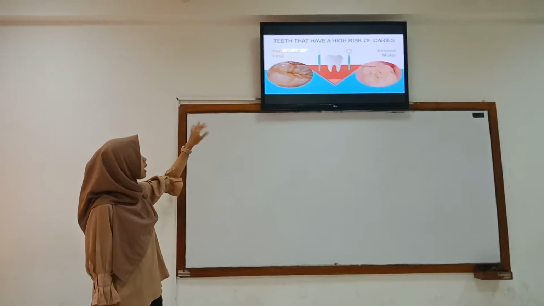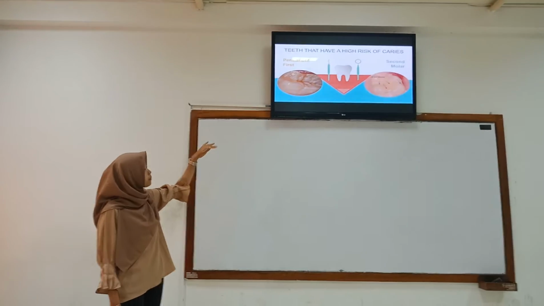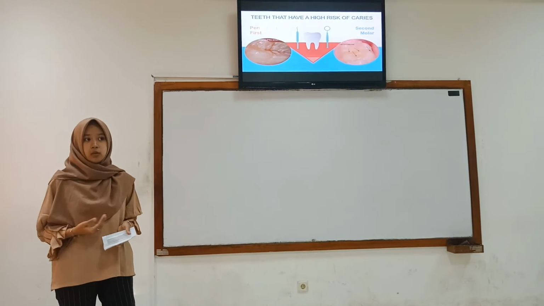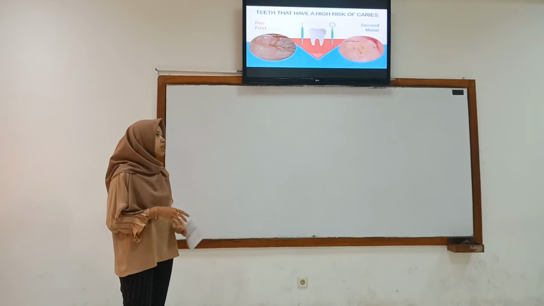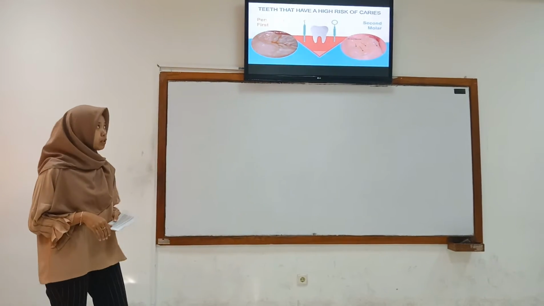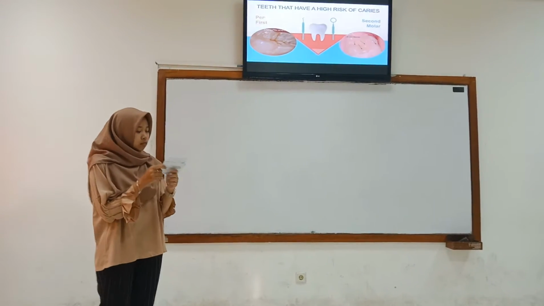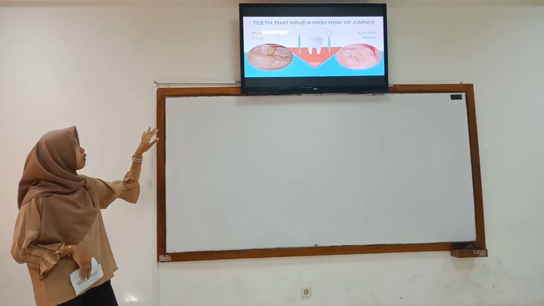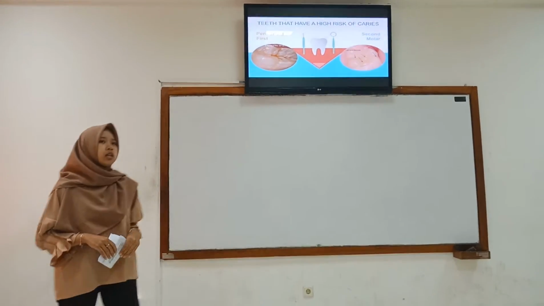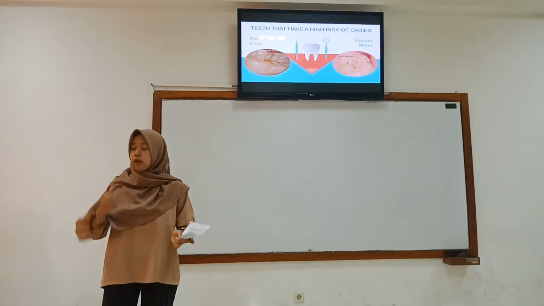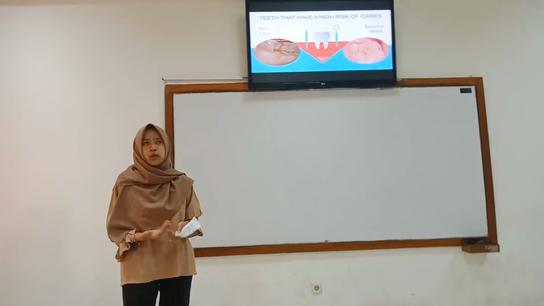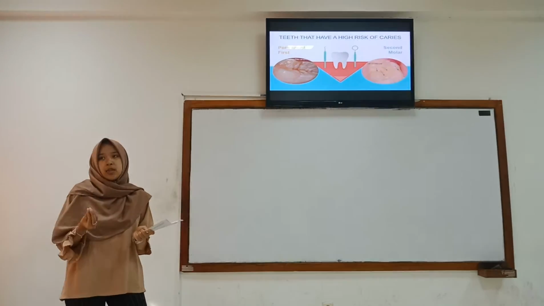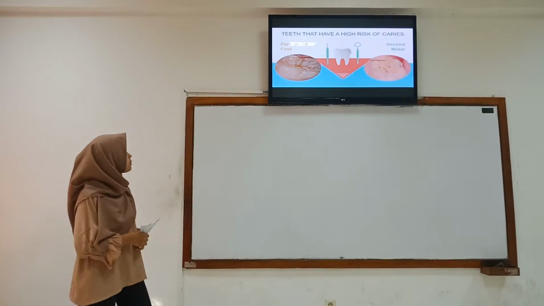The first molar has deep pits and fissures, which can be difficult to keep clean, right? The second molar also has pits and fissures, and these are the sites most susceptible to developing decay. So the application of sealant is very important in children who have a high risk of caries. It is an effective application of fissure sealant on the tooth surface.